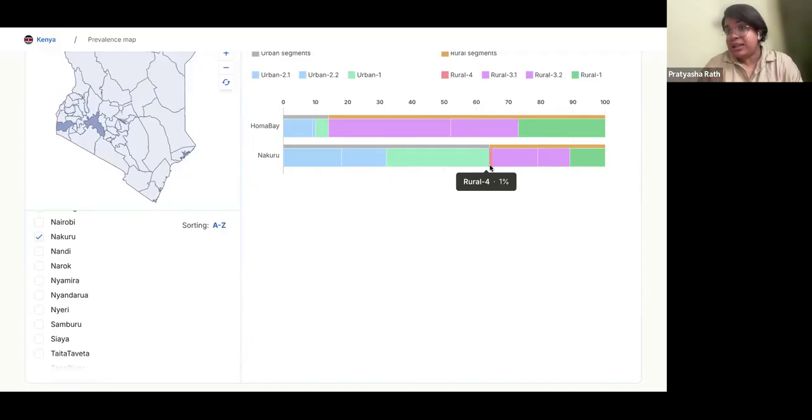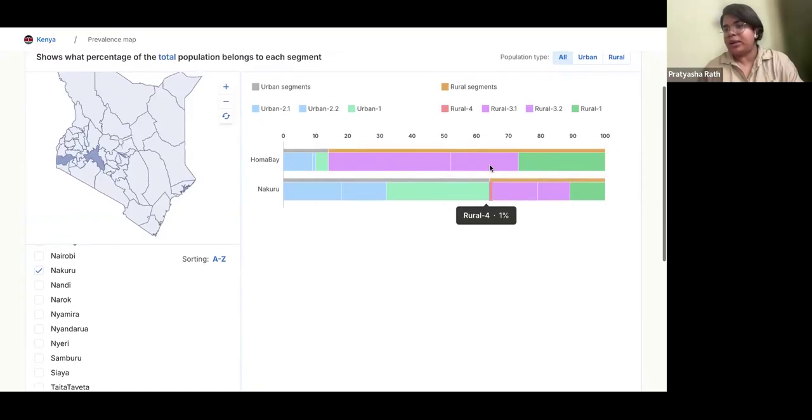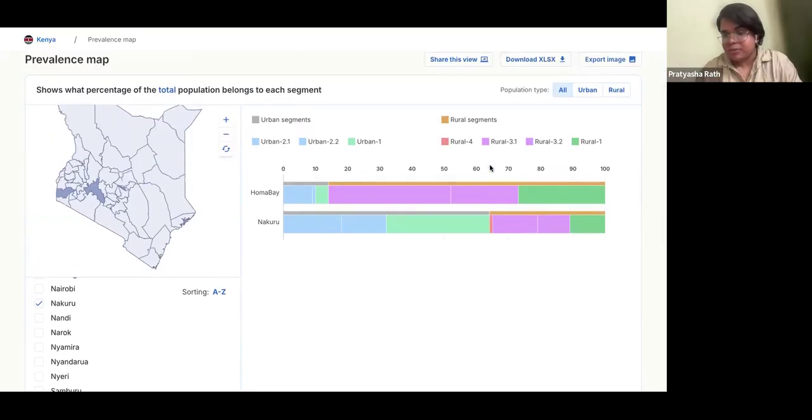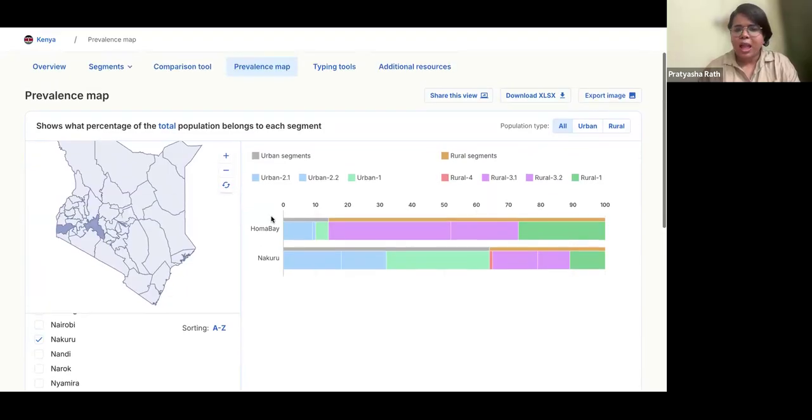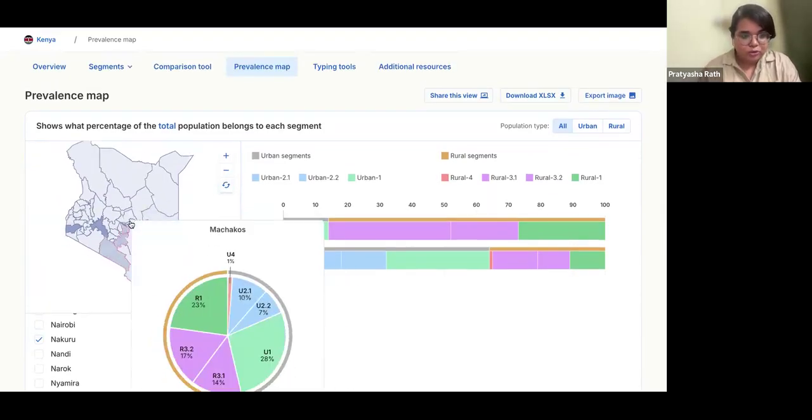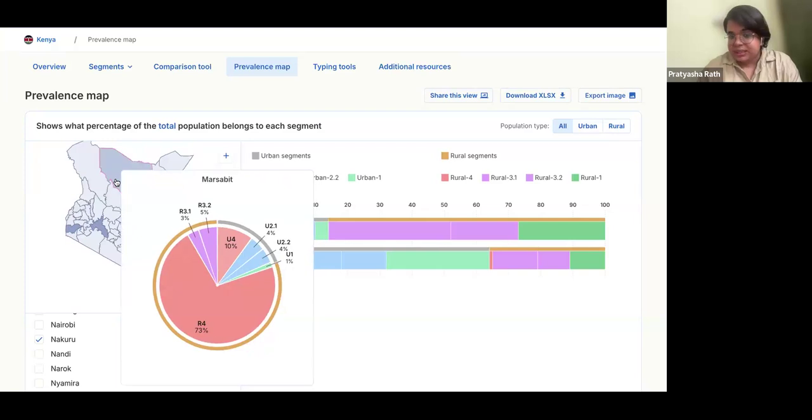Now, say if I'm still interested as an implementer in working with the most vulnerable segments, like a rural 4 and an urban 4, even though they are 8 or 9% of the total population, I would want to know where these segments are. So if I look through, maybe these are the paths.